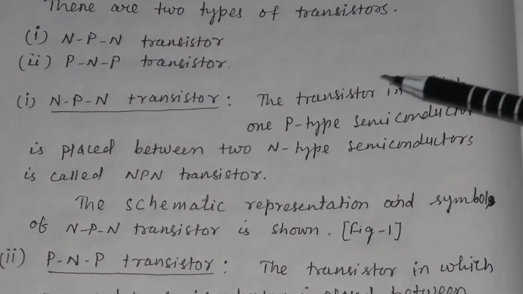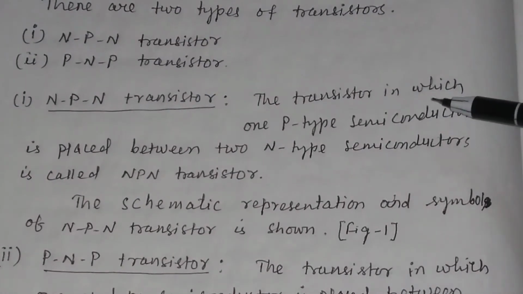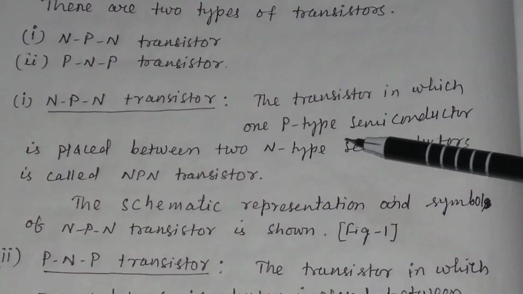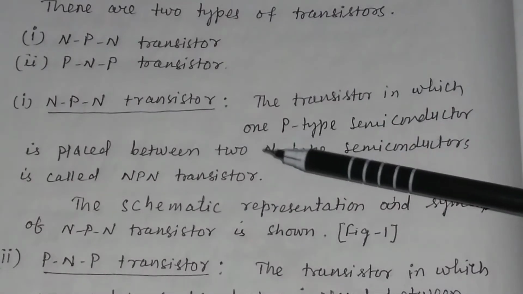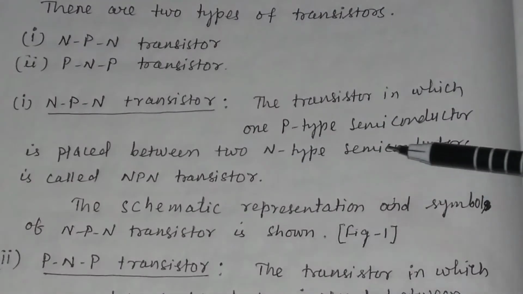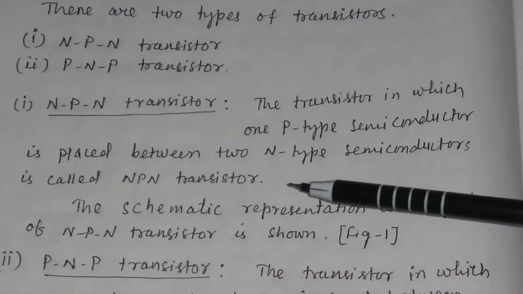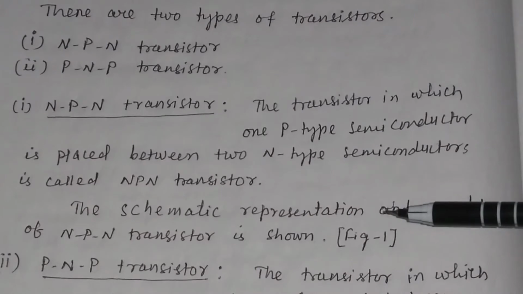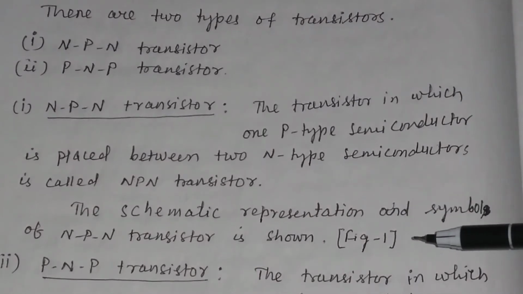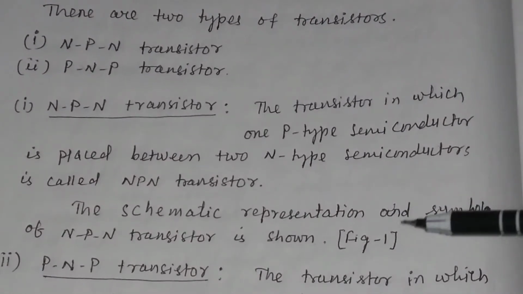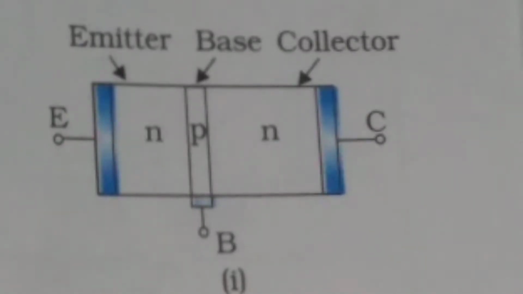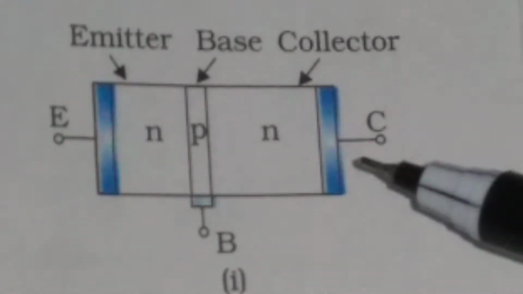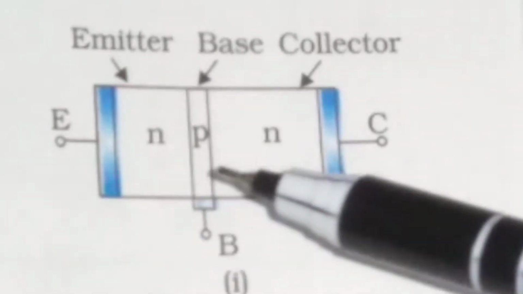So what is an NPN transistor? The transistor in which one P-type semiconductor is placed between two N-type semiconductors is called an NPN transistor. Now let us see the schematic representation and the symbol of NPN transistor. This is the schematic representation of NPN transistor.